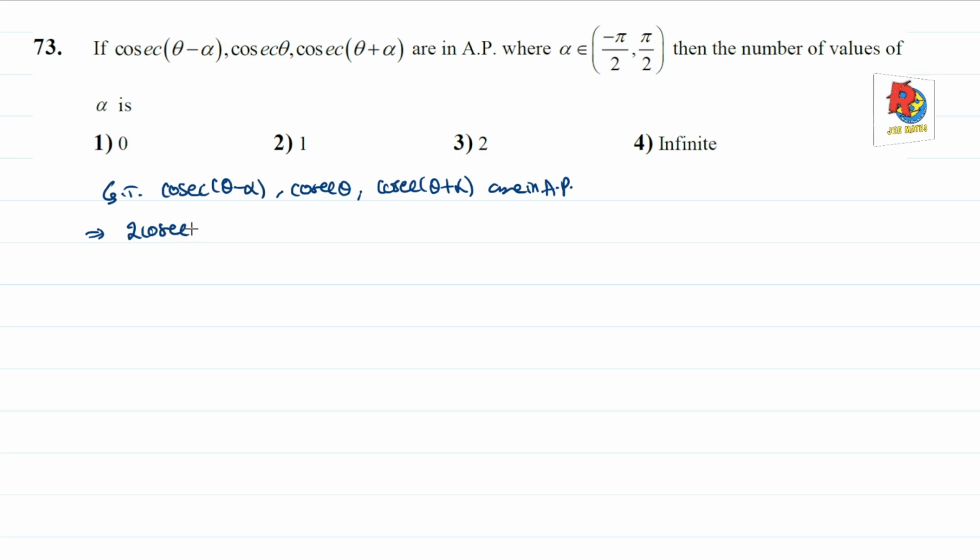2 into cosecant theta equals cosecant of theta minus alpha plus cosecant of theta plus alpha.